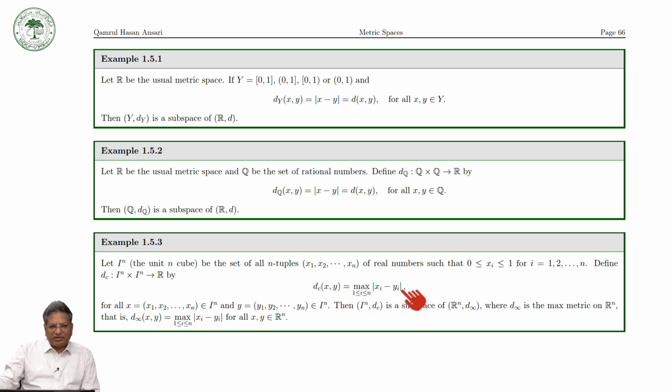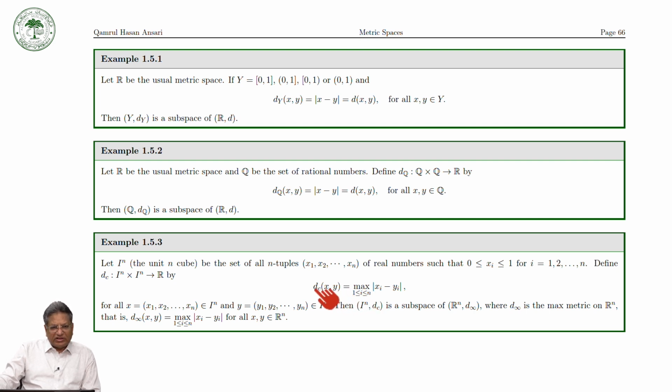This we have seen, it is nothing but the max metric on Rn, or we can say that it is equal to the d infinity metric on Rn. So this is the d infinity metric on Rn.